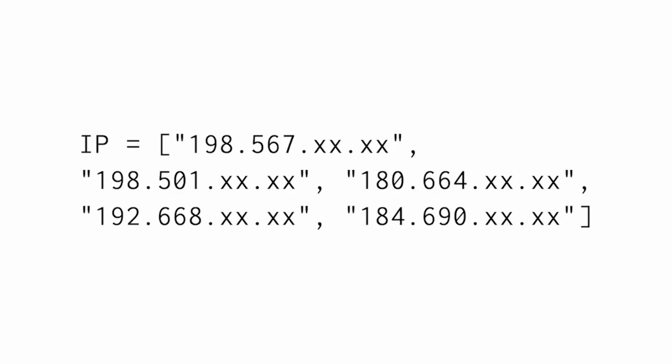To do this, we're going to write an algorithm that involves multiple Python concepts that we've covered so far: loops, lists, and strings. Here's a list with IP addresses that are stored as strings. For privacy reasons, in our example, we're not showing the full IP addresses. Our goal is to extract the first 3 numbers of each address and store them in a new list.